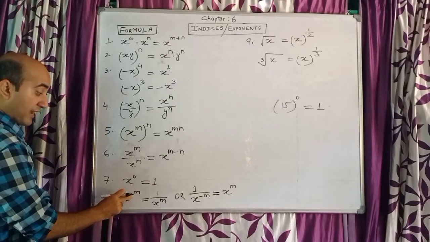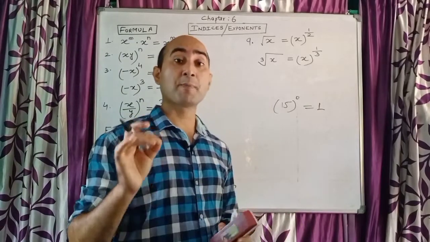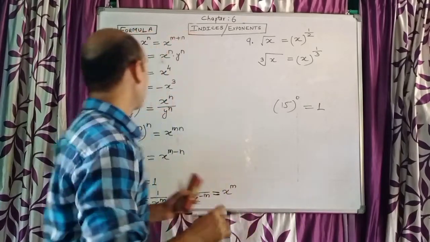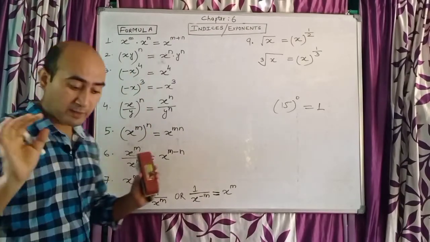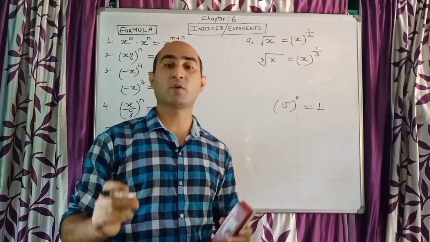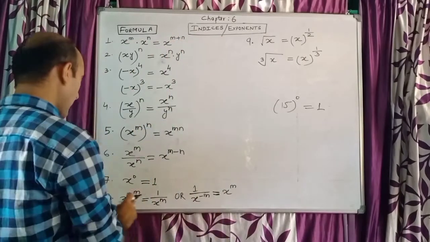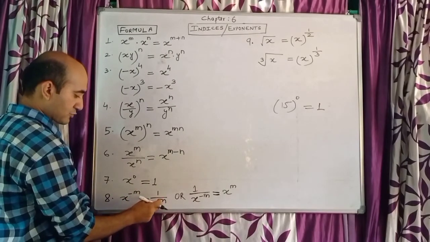x to the power minus m. This time, first time in this formula list, the power is negative. Earlier the number was negative, that is different, but here the power is negative. So when the power is negative, our first target should be to make the power positive. So how to make the power positive? What you do, you write 1 by x to the power m.